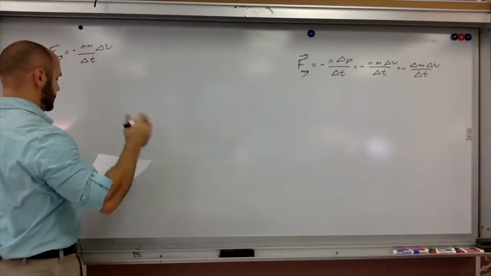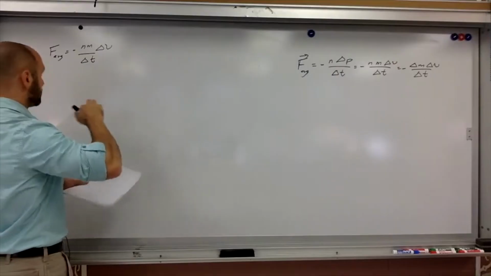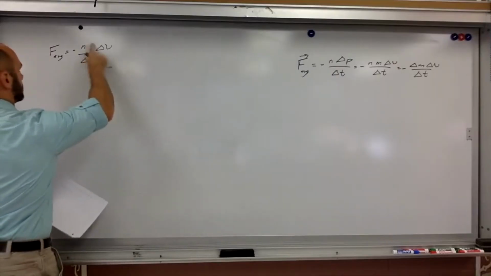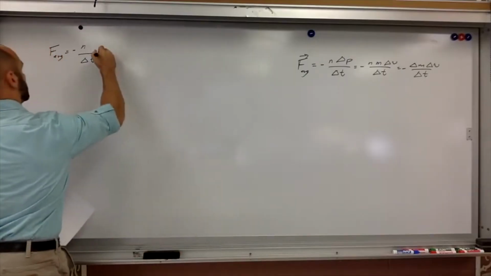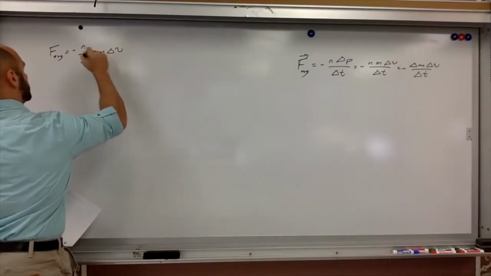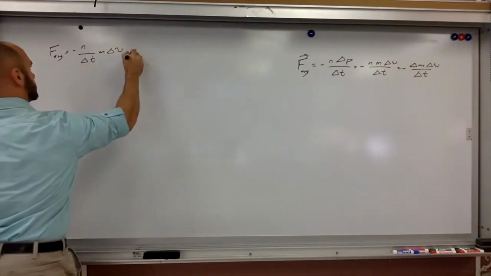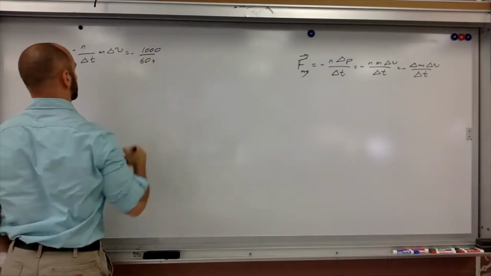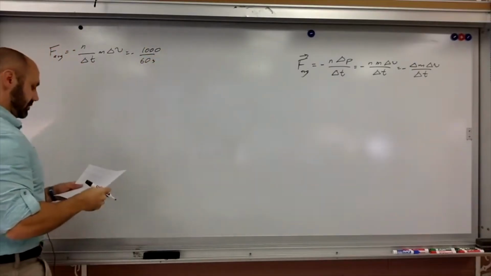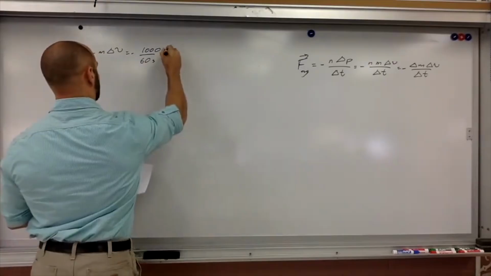All right. I'm going to set it up this way. N m delta v. So I've got n over delta t because I know I've got 1,000 bullets per 60 seconds. The mass of each one is 0.1 kilograms.